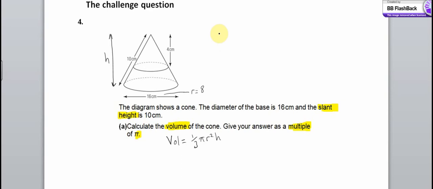Well, we use Pythagoras. If you imagine that you could see that cone from the side, it would look like an isosceles triangle. And if we draw a line down the middle, you can see we get a right angled triangle. We know that that side is 10, and if that's 16, then that side is 8. So we can use Pythagoras.